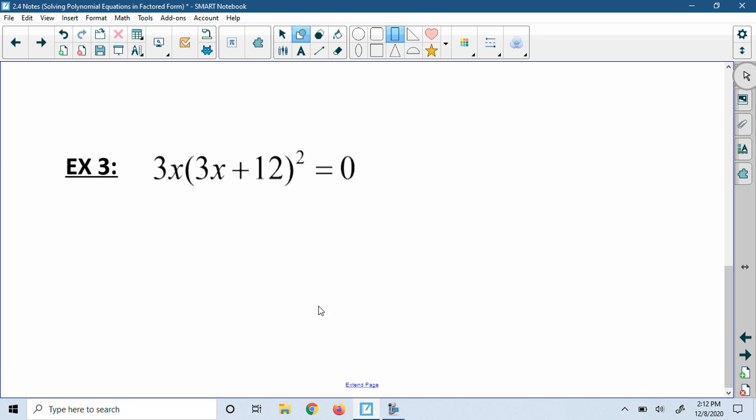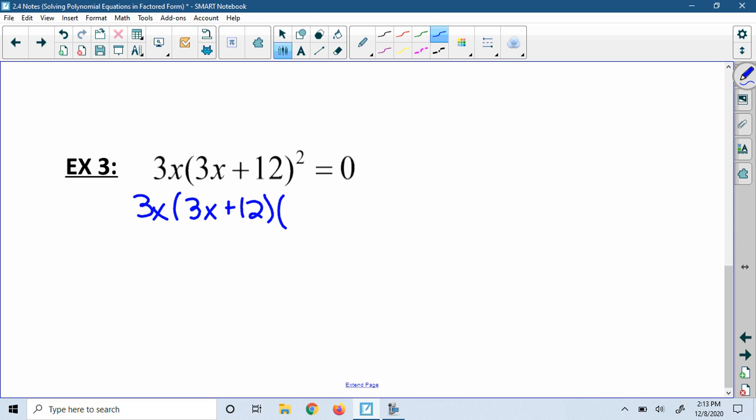Okay, example 3. I tried to get a little fancier here. We've got 3x and 3x plus 12 all squared equals 0. Remember, 3x plus 12 squared really equals 3x plus 12 times another 3x plus 12.